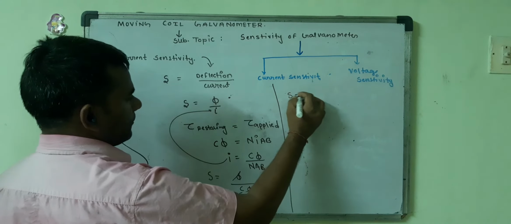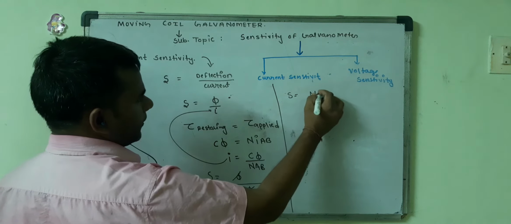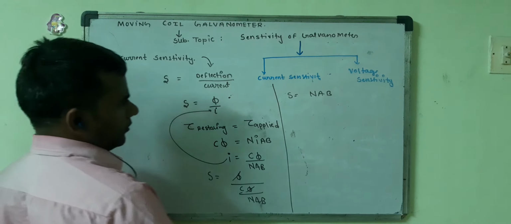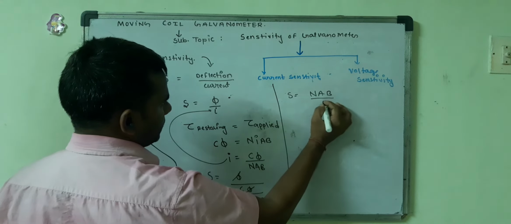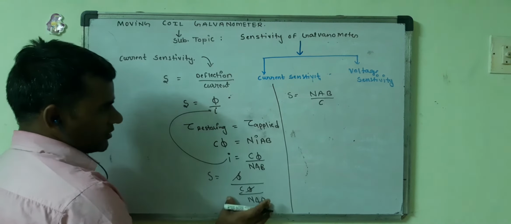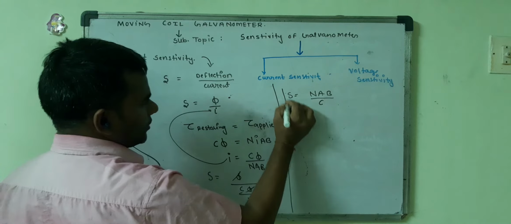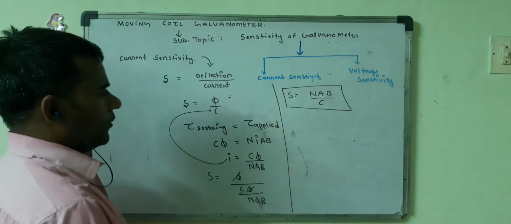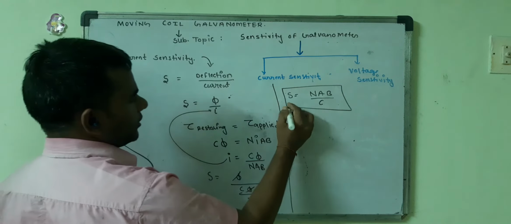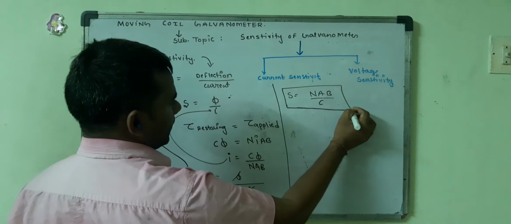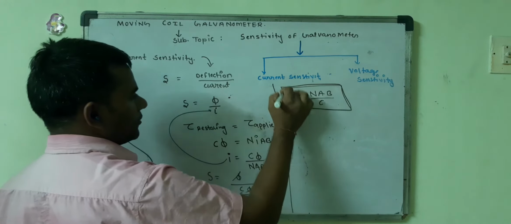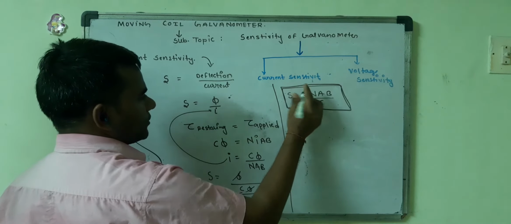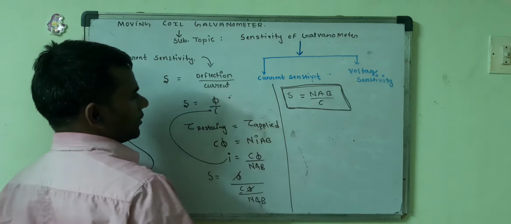So S equal to N A B divided by C. This is the other formula for the current sensitivity. Like this we can find the sensitivity of the galvanometer for current. It will respond with respect to current.